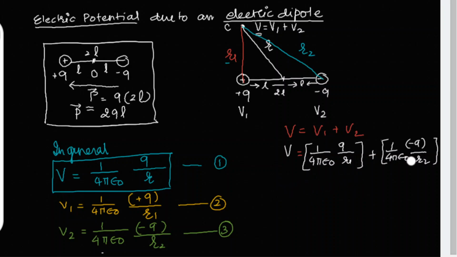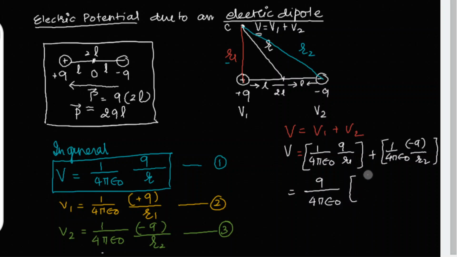Good. Now we can add this. When we are adding, we can take the common things outside the bracket. Q is common, so I'll take Q common here. Then 4 pi epsilon 0 is a common thing, I'll take it out of the bracket.